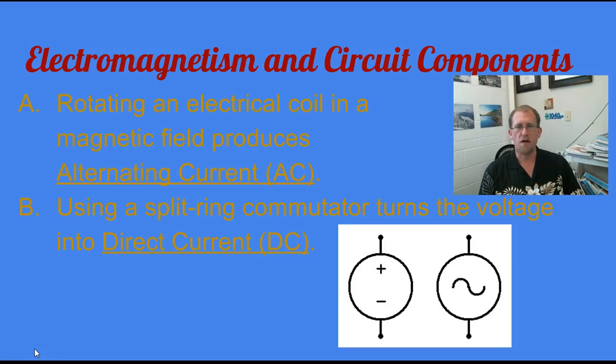This section begins with a conversation of the difference between AC and DC current and power and how it's generated. This is a review for you from physical science many moons ago. And also we've already talked a little bit about AC versus DC power in earlier parts of this year. So an AC current, just as a review, is a push and pull of electrical potential.